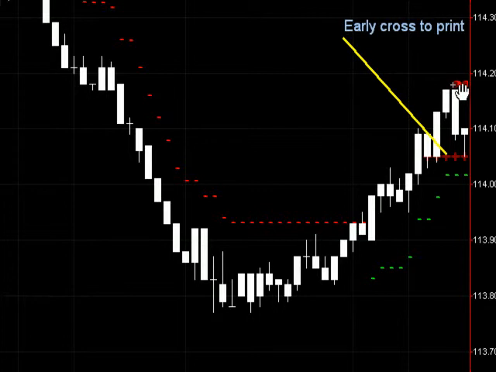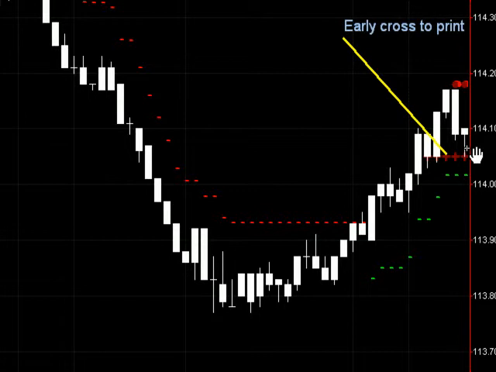Once you get the early cross, that's telling you that this resistance is going to print. That's your early signal that we're going to get a sell pullback strategy. So once that sets up, you can effectively take a trade off that level. That's really a bit more of an aggressive early entry.